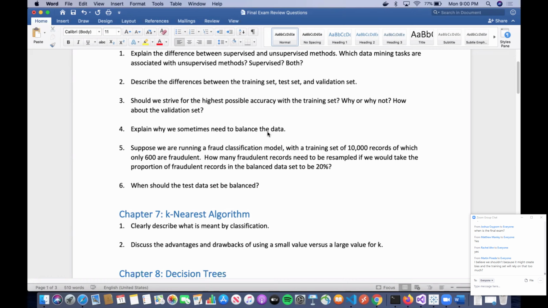Once we have this overfitting issue, if the model sees any record with the name David, it will wrongly classify it. So that's the reason why we don't want to do that.